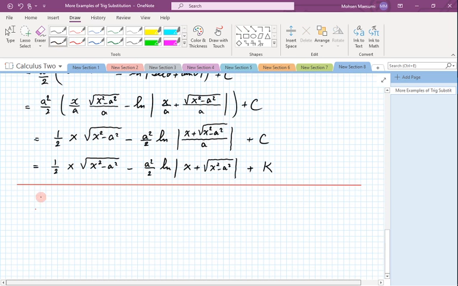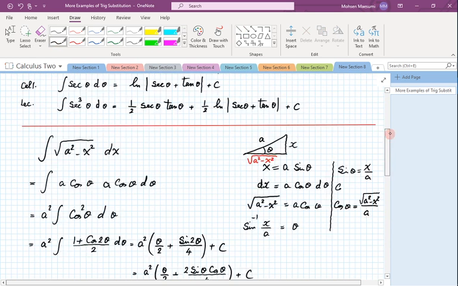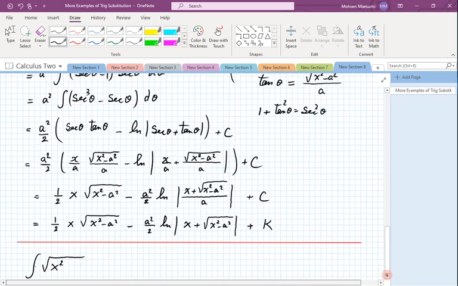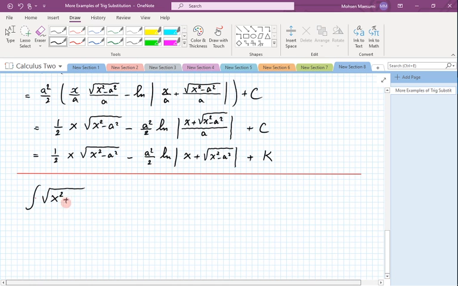So the last of these three is radical x squared plus a squared. This is very similar to what we just did.